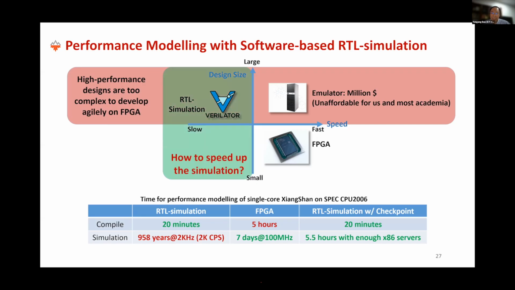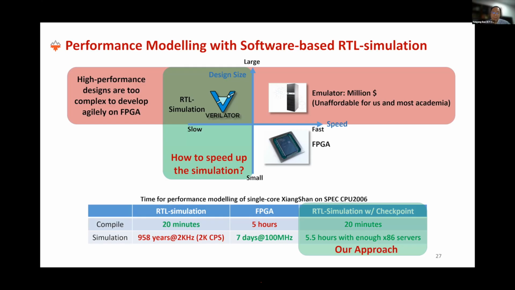Our approach is checkpoint and sampling. For example, we can get the performance of SPEC CPU on Xiangshan in just several hours, less than 6 hours, with enough servers. So this is very fast.